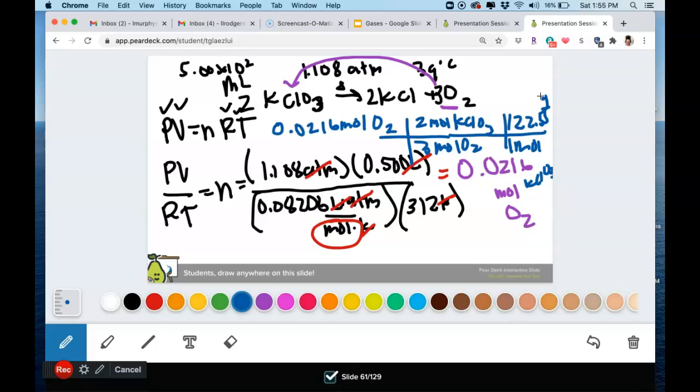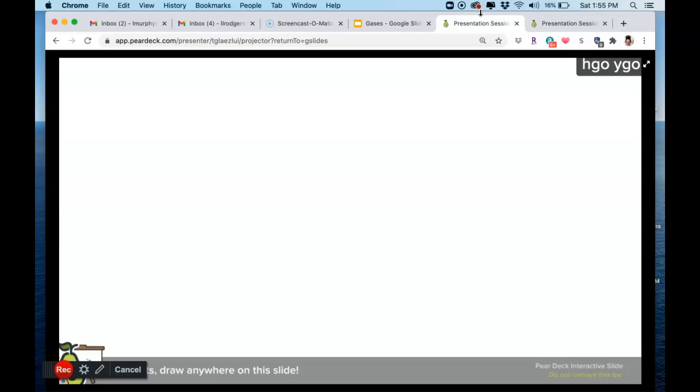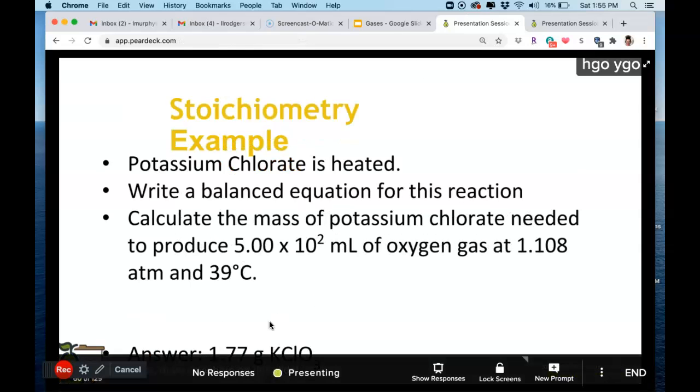So you take that, multiply by 2 times 122.55, divide by 3, and we get 1.77 grams of potassium chlorate. So if this is how much oxygen you produce, that's how much potassium chlorate would have been required.